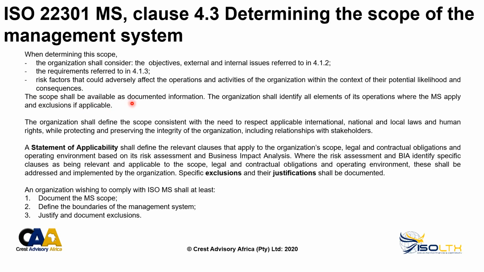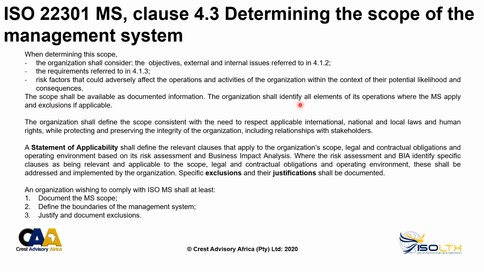And the scope shall be available. That's it. Very important. This shall be documented in a separate document describing this. This scoping document needs to be separate from all the other documents, because scope is actually your parameters of implementation.